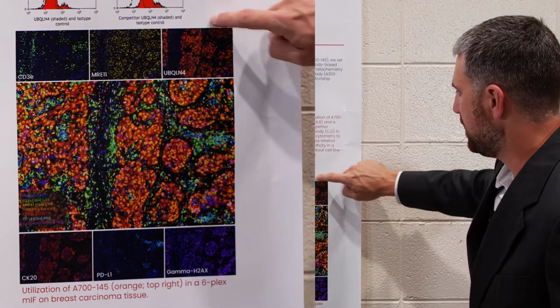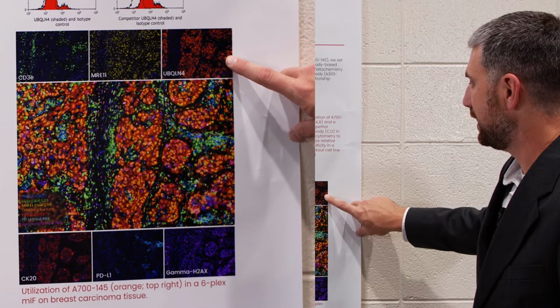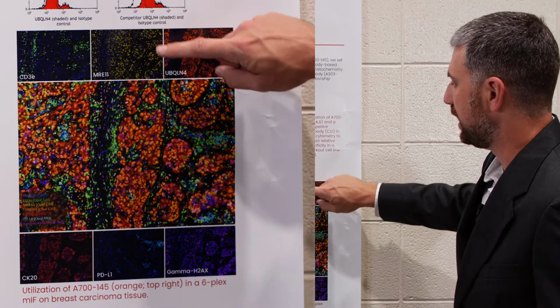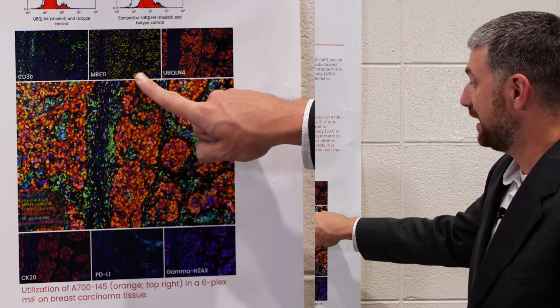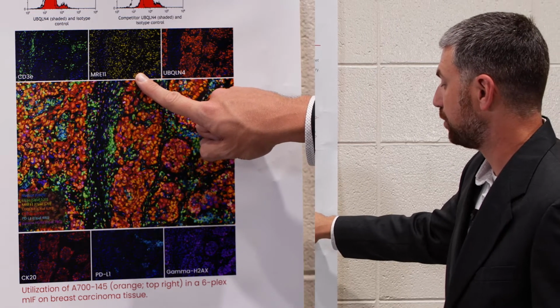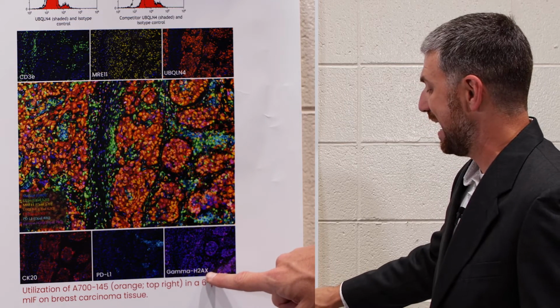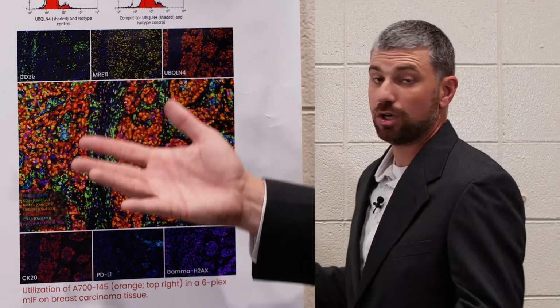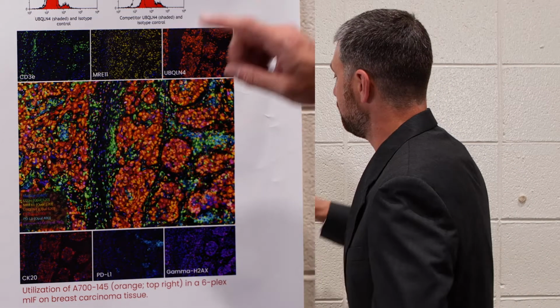And we're able to show here in orange the presence of our UBQLN4 antibody binding well within this breast carcinoma, and it is co-localizing well with MRE11, which, as you'll recall, is the protein that it binds to help mediate double-stranded break repair, and is also localizing well with gamma H2AX, which is known to be a double-stranded DNA break repair protein as well.